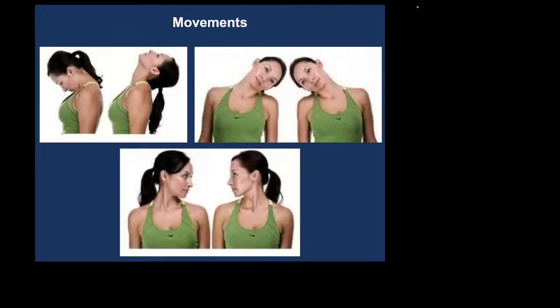And movements in the atlanto-occipital joints: we can move the head anteriorly, like a nod, and posteriorly, anterior and posterior, and lateral movement, but there is no rotation.